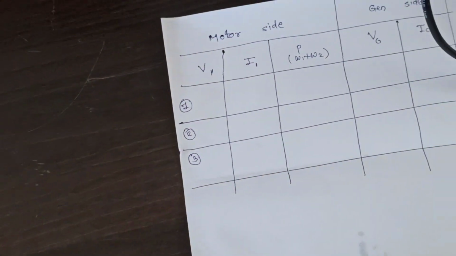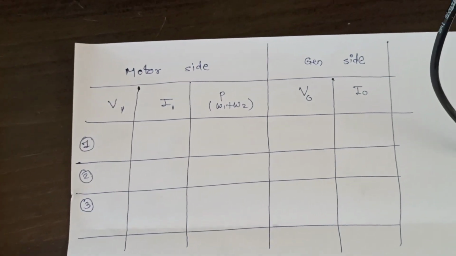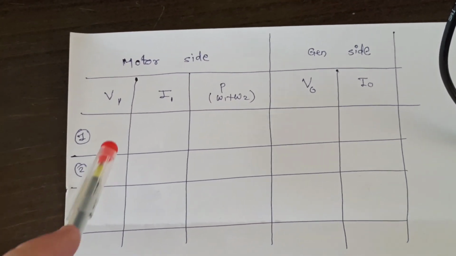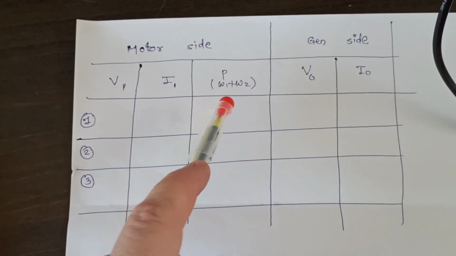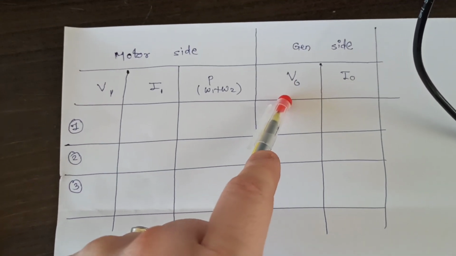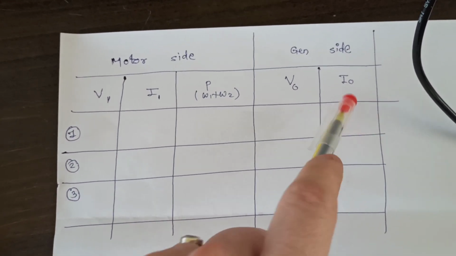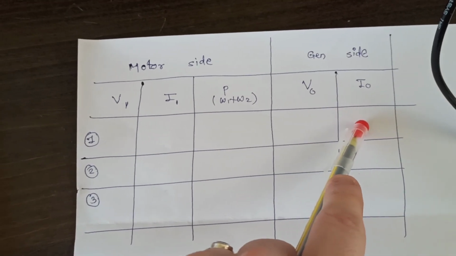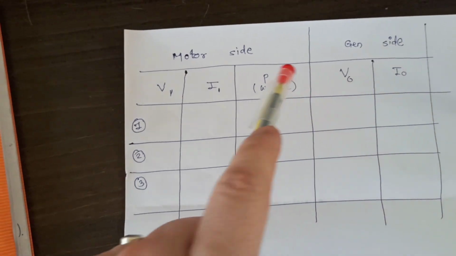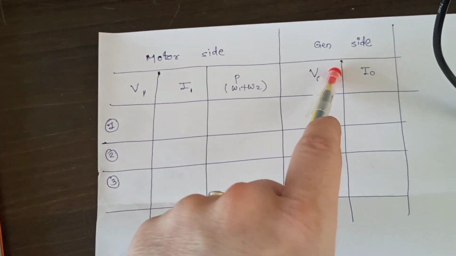We are going to measure these readings: first motor side and second generator side. Motor side: V1, I1 and power, that is W1 plus W2. Generator side: generated voltage V0 and generator side current I0.